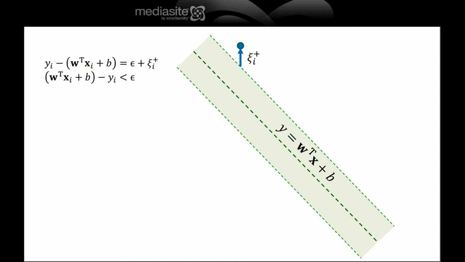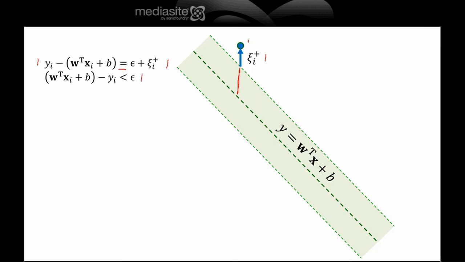Now let's look at points that are outside the tolerance region. So this blue point here has an error Zi plus, and remembering that this is epsilon, we have this first constraint as an active constraint.